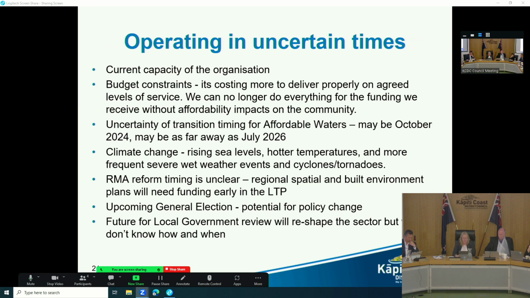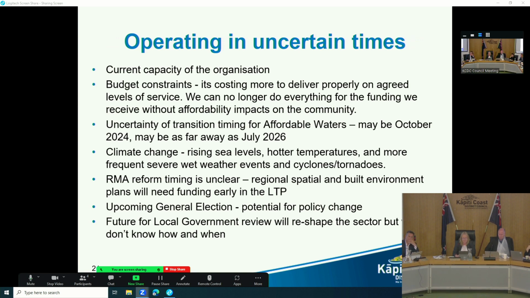The Regional Spatial Planning Act and the Natural Built Environment Acts both went through the House this week, and in the next week I expect to get some advice from Taituarā on what sort of assumptions for us to put in place. The implication is that we will have to contribute financially to these regional plans, so we will have to put some money in our budgets, or clear some room in our budgets for them.